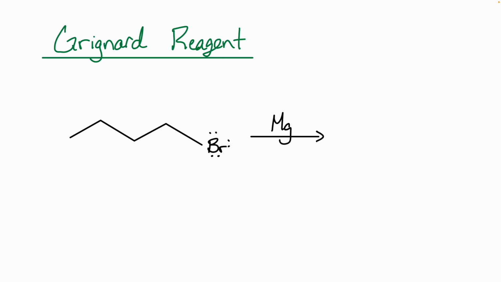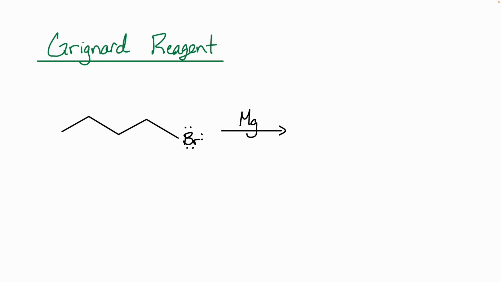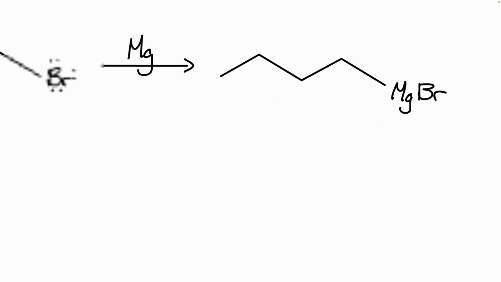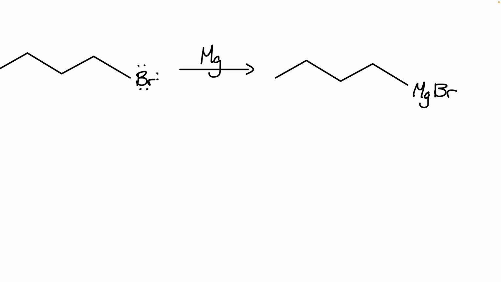You can buy them in little ribbons, cut them up, throw them in with your alkyl bromide. That magnesium will magically work its way between the carbon and the halogen, and you get this Grignard reagent. My magnesium has inserted itself between the carbon and the bromine in this compound. All right, and this is what we call a Grignard reagent.